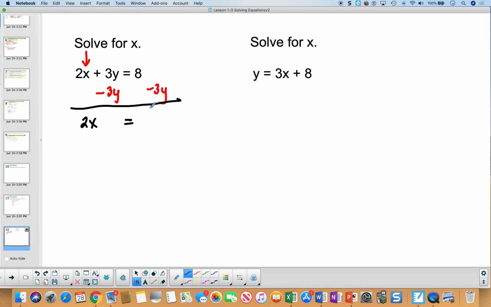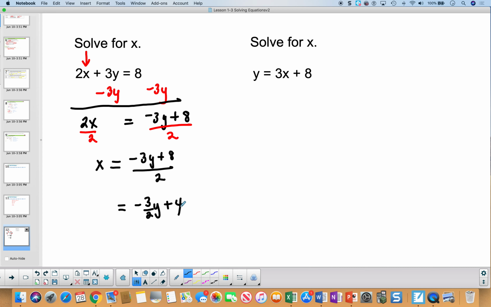And then I can either write 8 minus 3y, or I'm going to write minus 3y plus 8. It doesn't really matter. Now I'm going to undo multiplication. And then I'm going to get x is equal to negative 3y plus 8 in my numerator, all divided by 2. You can leave it that way, or you can write it as 2 fractions, like this.